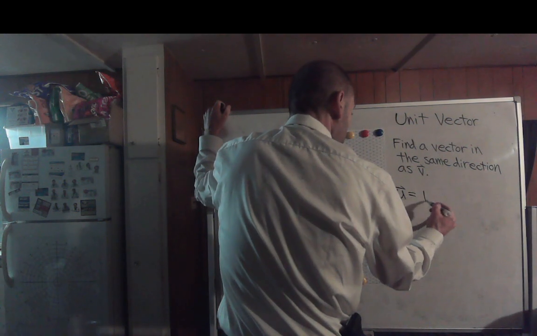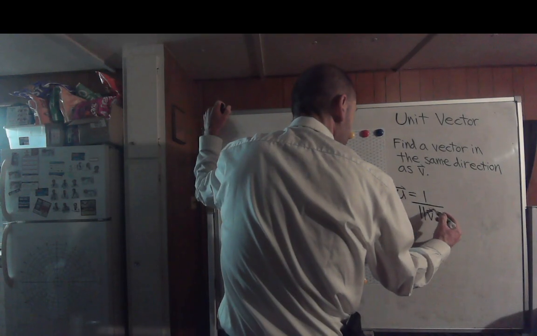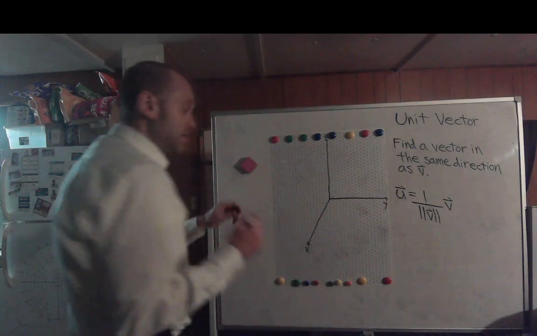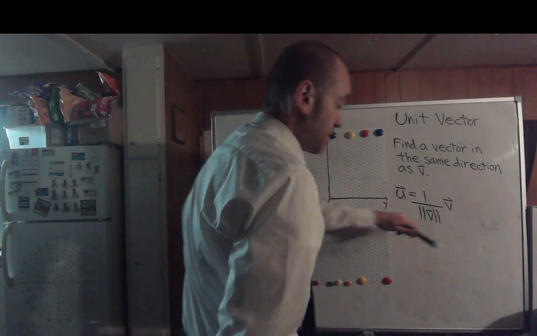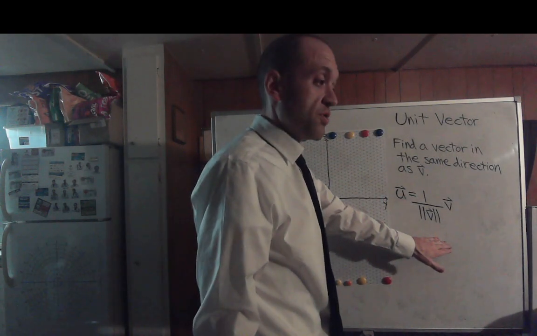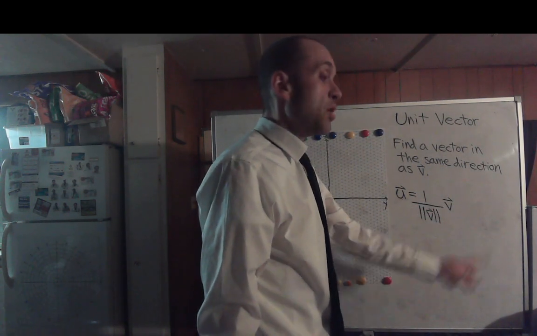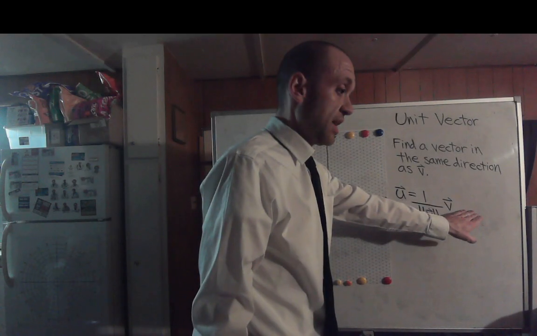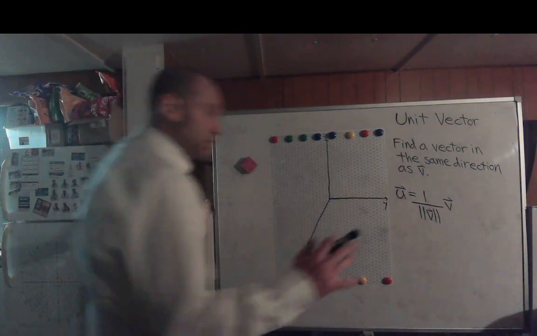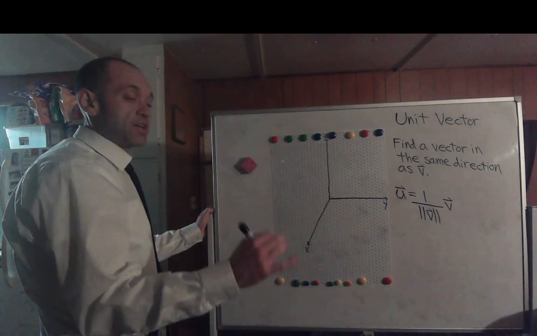That is 1 divided by the magnitude of vector v times vector v itself. That'll end up giving you the unit vector. So you take 1 divided by the magnitude of vector v, you'll get the resulting scalar, multiply it by vector v, and then you'll have your unit vector. And by default, that is always going to be in the same direction as vector v.